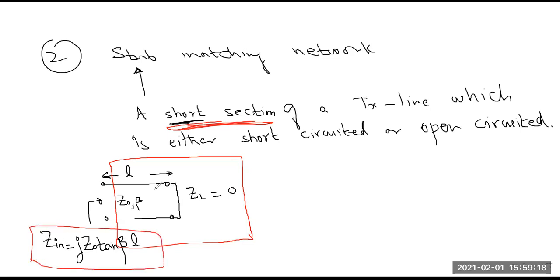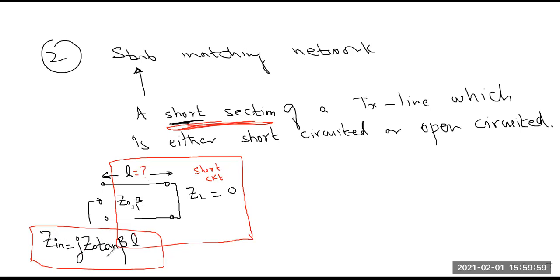So if you have this section of a transmission line which is short circuited, its impedance behavior is jZ0 tangent(beta L). You can see that the impedance behavior of this line is purely imaginary. Which parameter is going to change? That is L, depending upon the length of the line. If L changes, the tangent function will give us a different value, and as a result Zin will change.